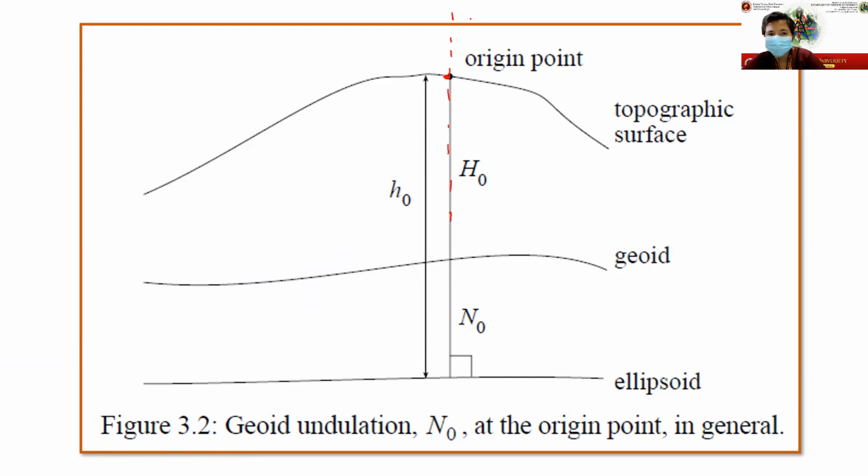If a certain point of the Earth, if this is the direction of the gravity here, this is a bit exaggerated. So let's just say this is the direction of the gravity towards the geoid. Then there is a difference in angle, a small amount of angle. So this angle here, theta, is called now the deflection of the vertical.